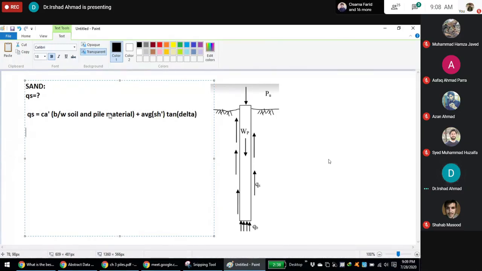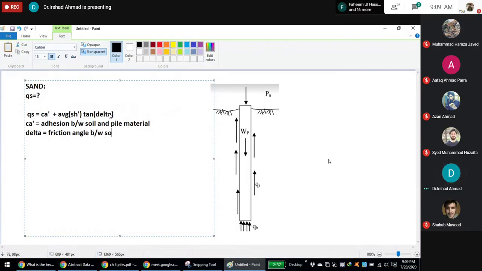What is CA prime? Is adhesion between soil and pile material. What is delta? It is friction angle between soil and pile material.